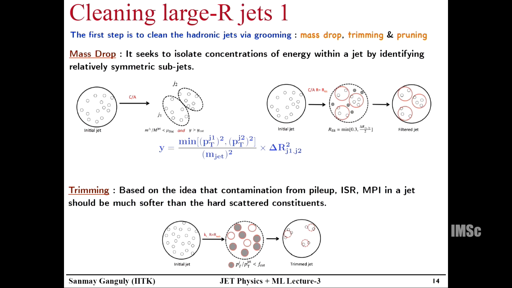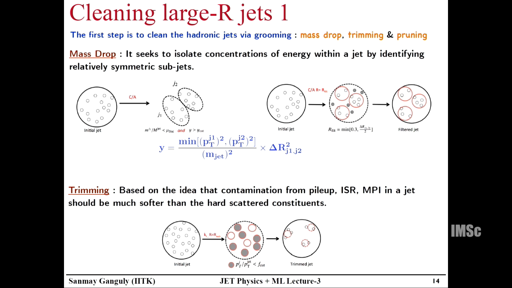So I will now go through some of these algorithms which are very well measured, unified across experiments, and used day in, day out for real life measurements and searches. One is the mass drop. Mass drop is the BDRS tagger, which tries to define a distance metric like this, and you may find this familiar because when defining jet algorithms in the previous lecture, we were talking about numbers like Yij which is less than Y cut.